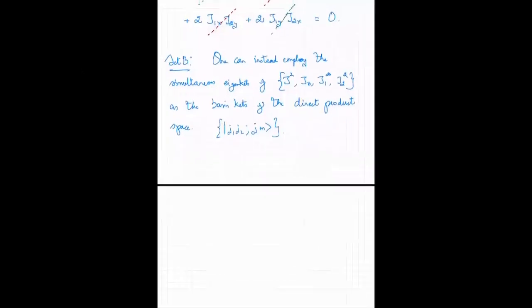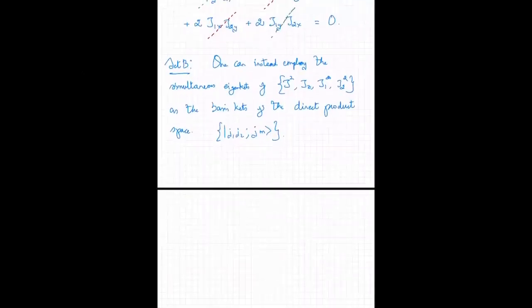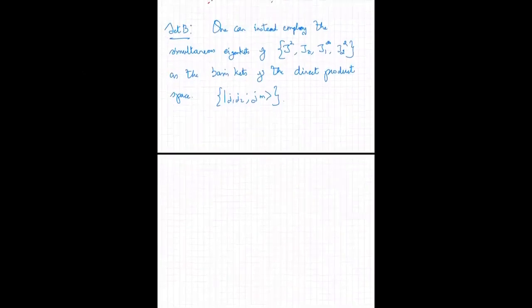But these are different sets. We should actually figure out what these sets are, and we will figure out what this set is tomorrow for that particular example. But what I'm basically claiming is that I can employ a different set of basis vectors. Again, some 6 dimensional column vector, for example, in that particular example. This should also be the same dimension as the original space because I'm not changing the dimension of the space. So this is also 2j1 plus 1 times 2j2 plus 1 space.